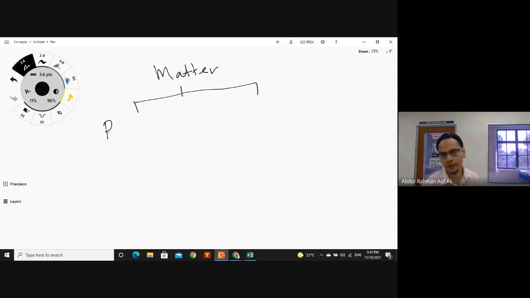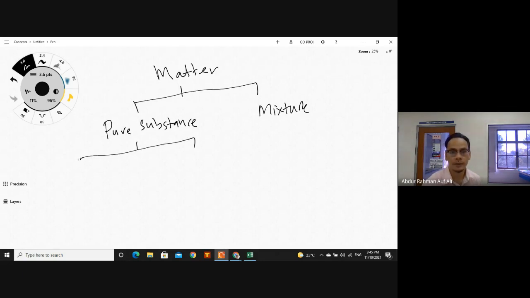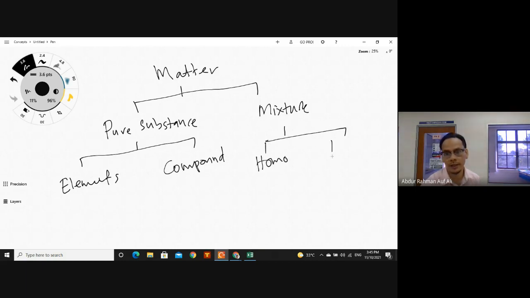For example here kita dah establish matter can be classified into two, pure substance and also mixture. Saya nak kamu to be able to differentiate between elements and juga compounds and juga homogeneous dan juga heterogeneous mixture.